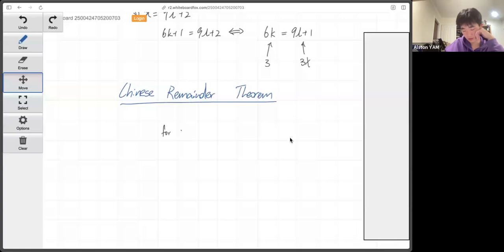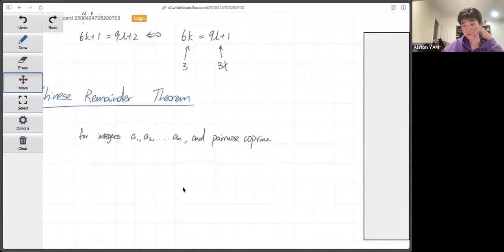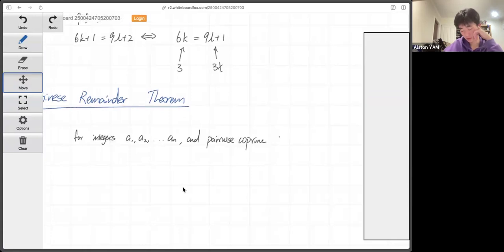For integers a1, a2, up to an, so we have n integers, and pairwise coprime integers b1, b2, up to bn.